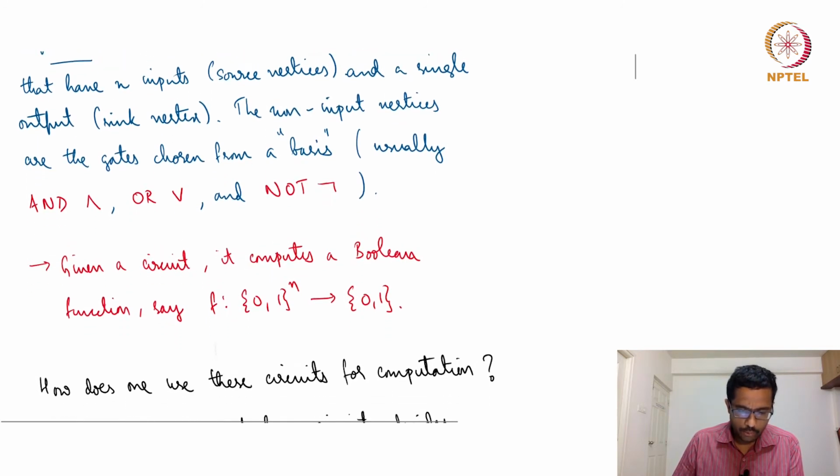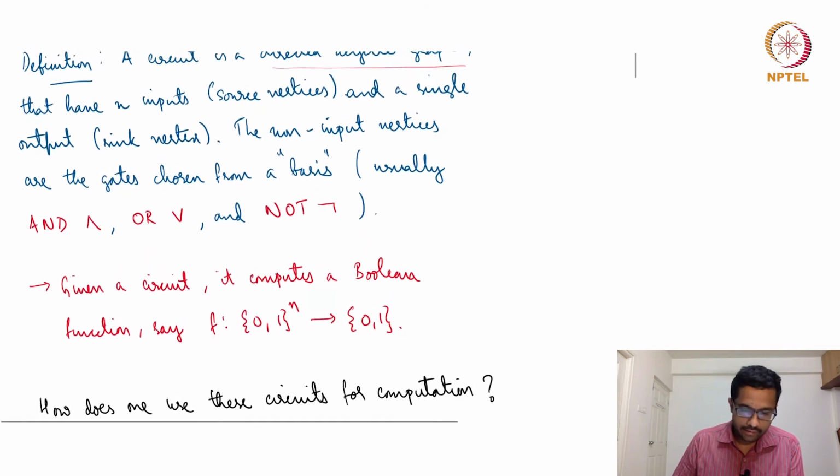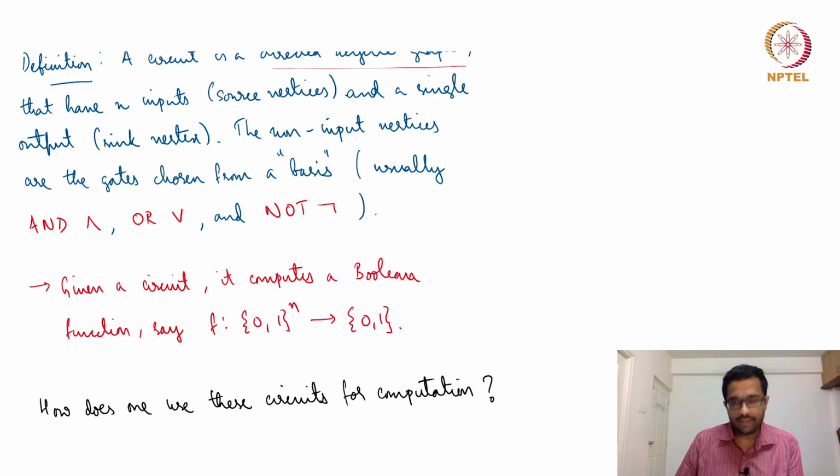One thing to note is that, given a circuit, it computes a Boolean function from {0,1}^n to {0,1}. So all that we will be doing in this course is computing functions with only one output. You could, in theory, compute a function where from an n bit input you compute an m bit output.